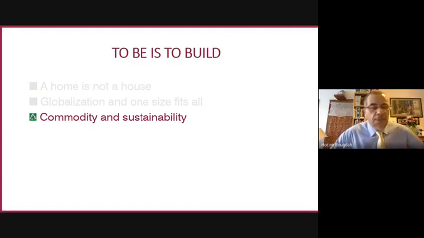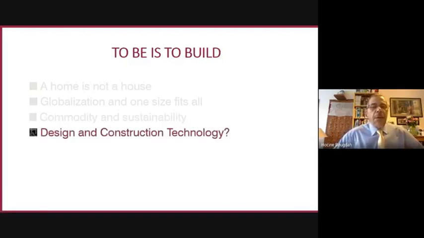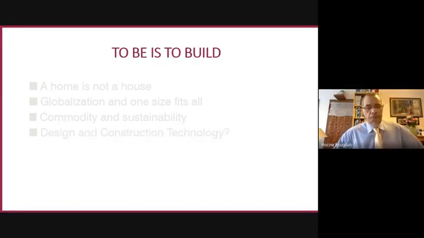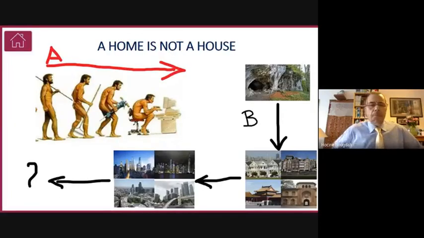And next, please. The final part of the presentation is looking at the relationship between design and construction technology. Next, please. Admittedly, the first and the second part of the four arguments take the longest in the presentation, and the last two take less time.